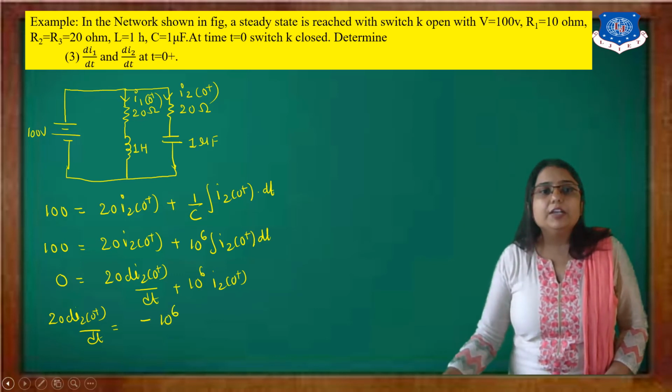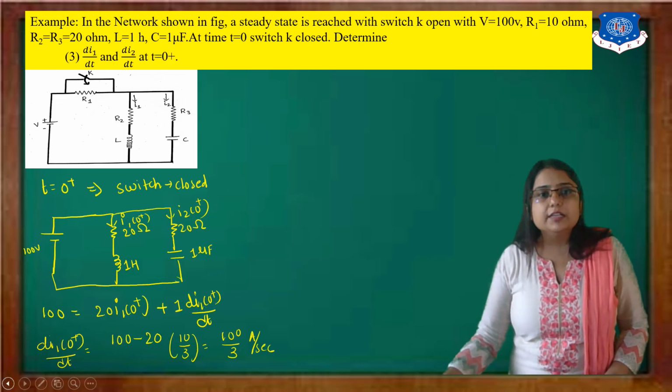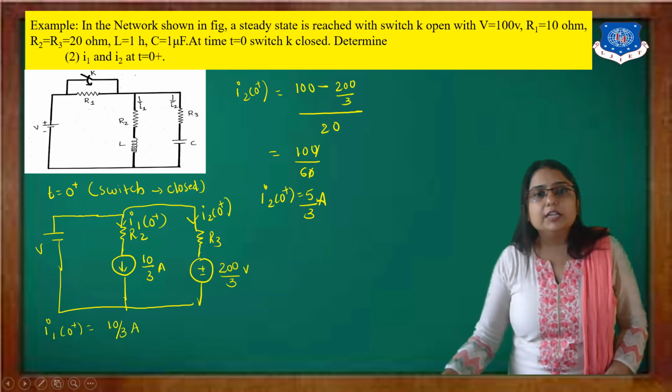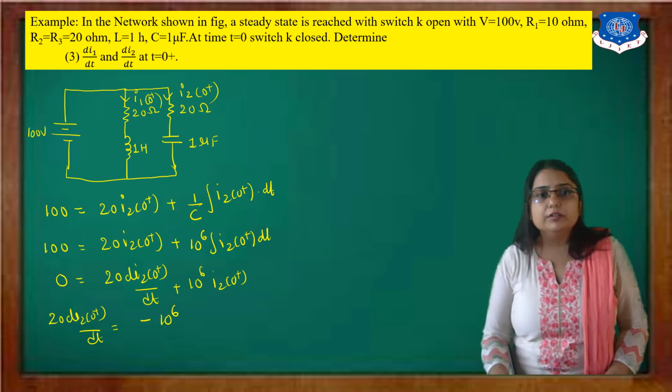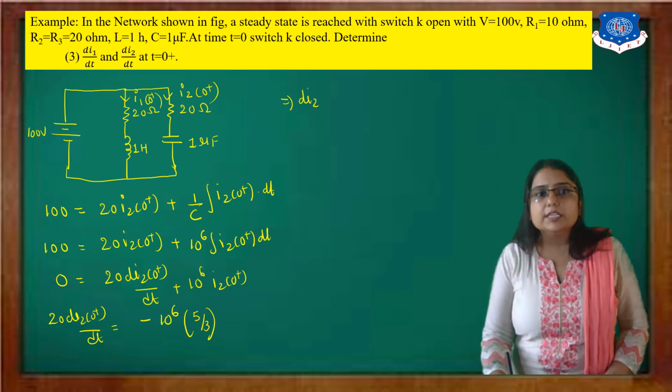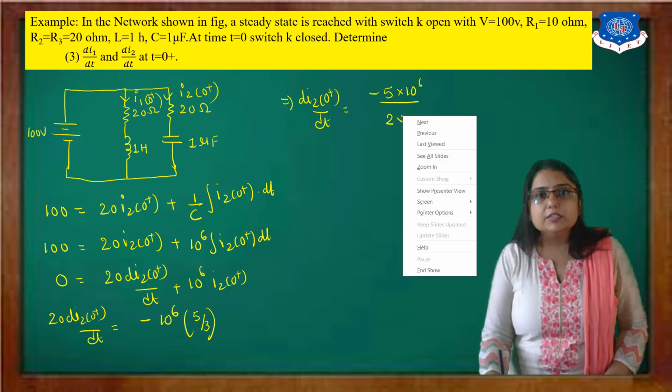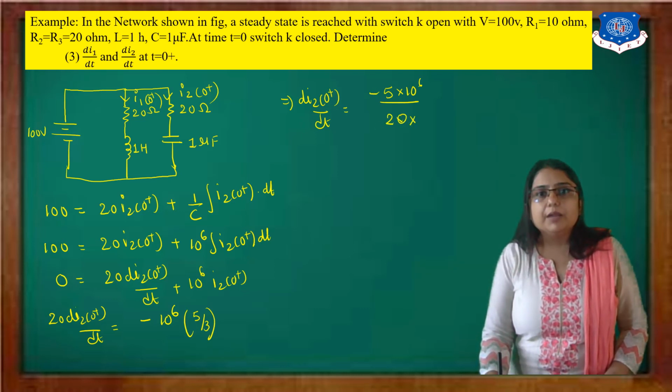and the value of I2(0+), see here already we have found that it's 5 by 3. So just substitute that value here. So the value of di2(0+)/dt equals minus 5 into 10 raised to 6 upon 20 multiplied by 3.